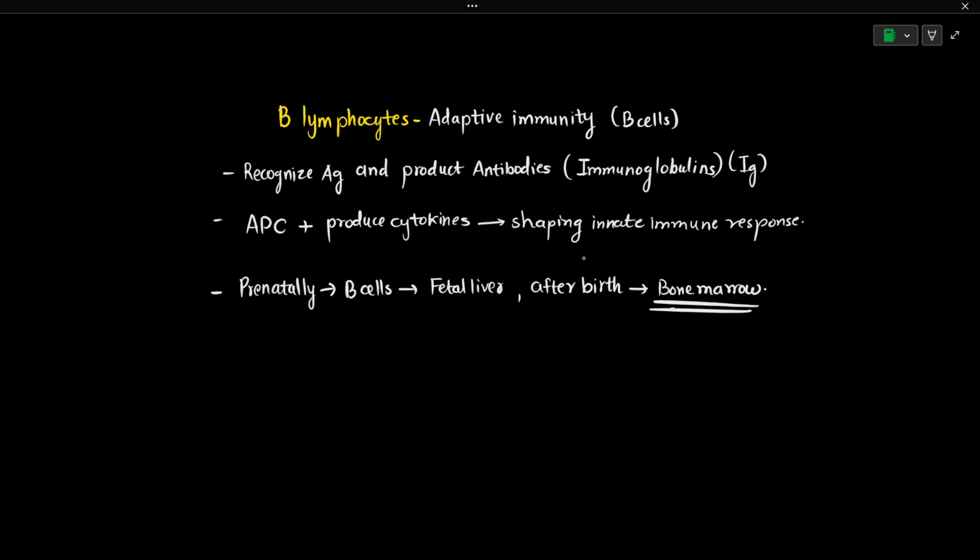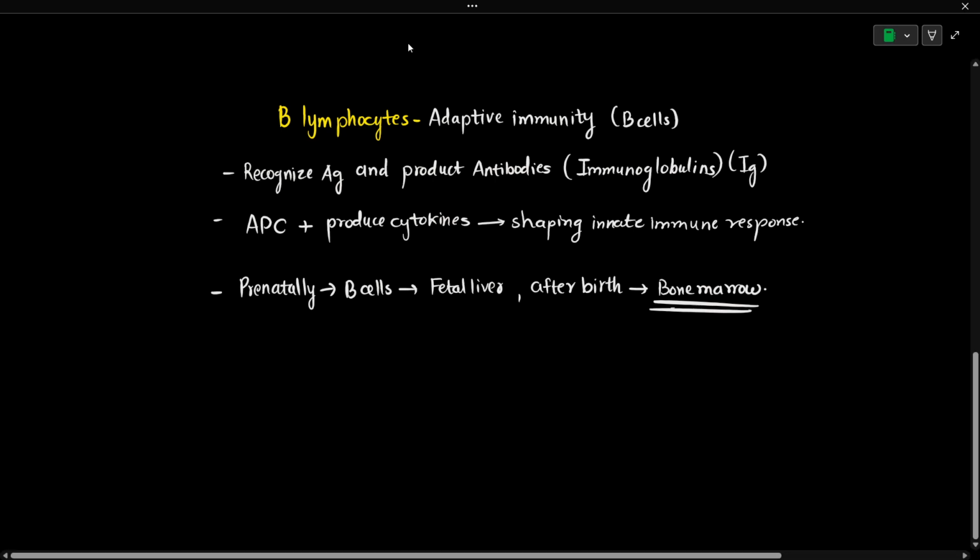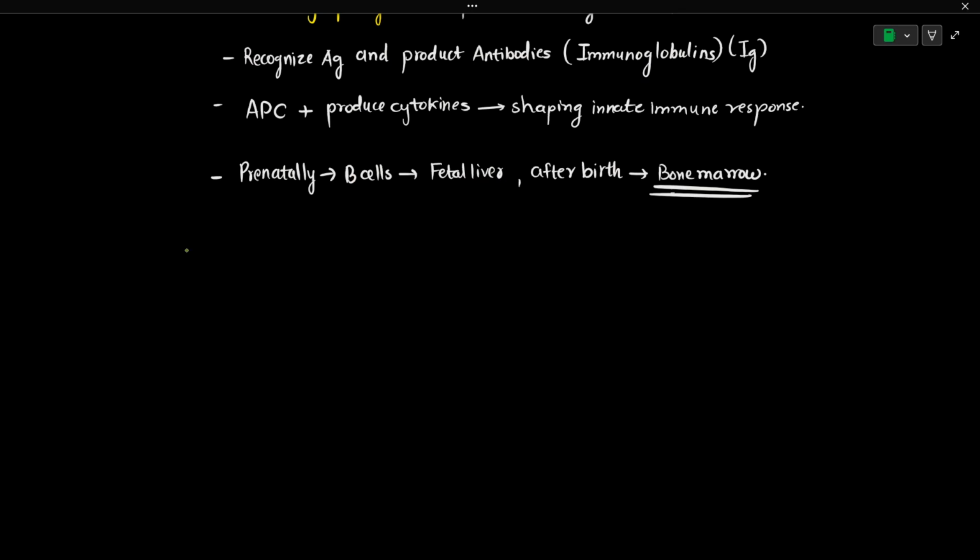Right? The B cells were first discovered by a researcher known as Max Cooper. Okay, so they were discovered in the 1960s by Max Cooper.